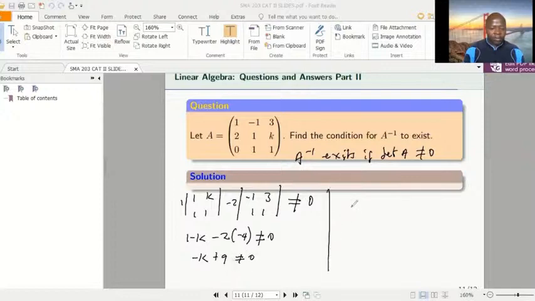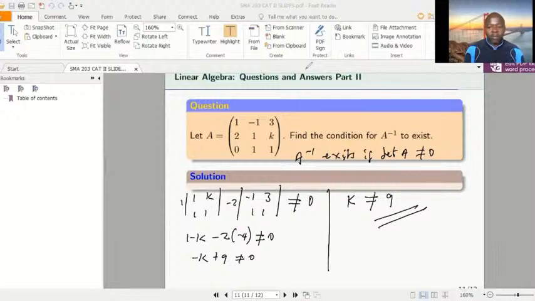So that means when I take k to the other side, 9 remains on the other side, k should not be equal to 9. And that's the answer that we are looking for. So the condition for A inverse to exist is that k should not be equal to 9. So that is the condition, and it answers the question at hand.